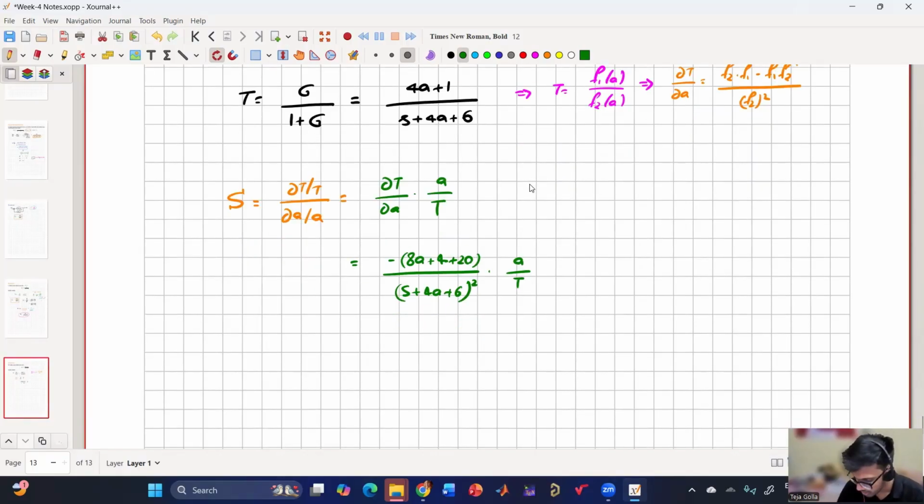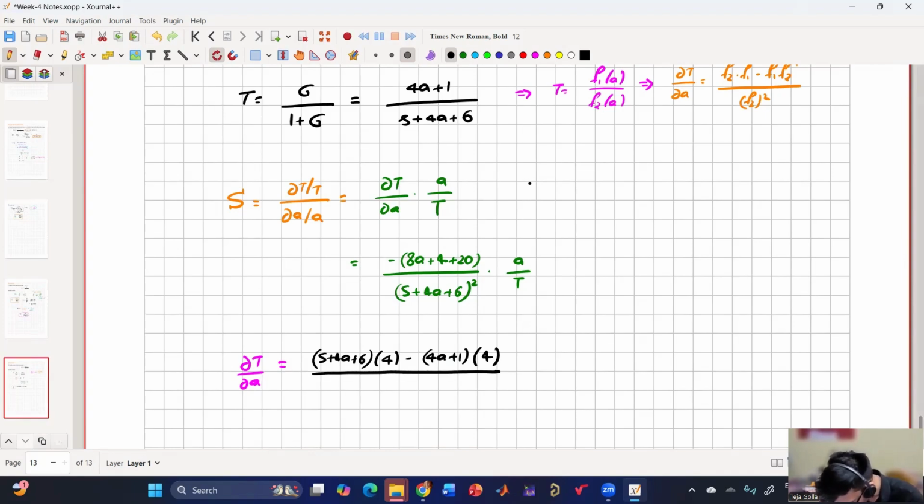So dou T by dou A. If I consider dou T by dou A, it is F2, which is S plus 4A plus 6, into F1 dash with respect to A, which is 4, minus F1, which is 4A plus 1, into F2 dash, which is again 4, by S plus 4A plus 6 whole square.